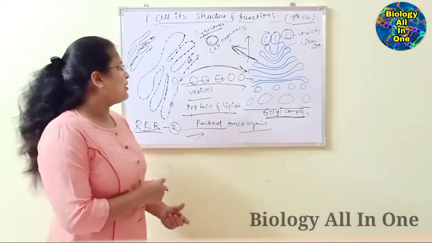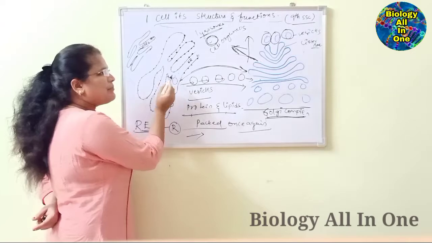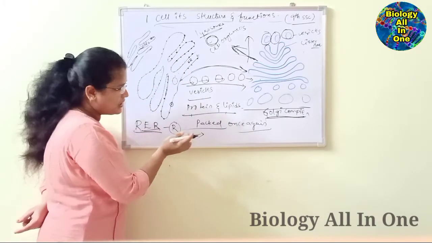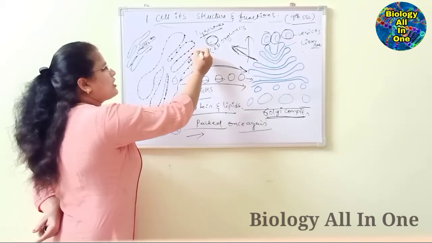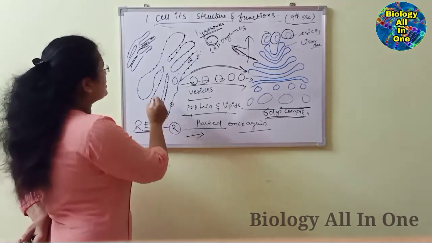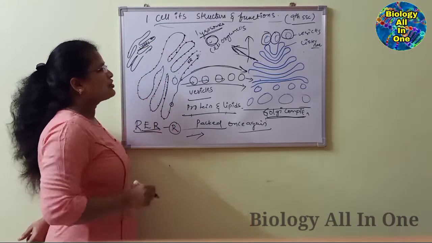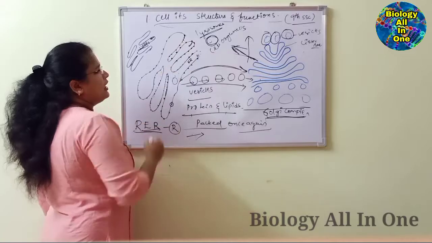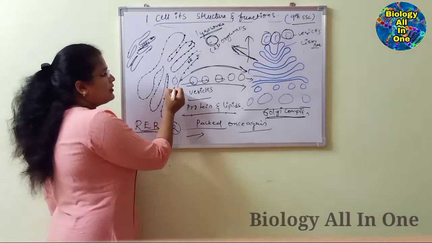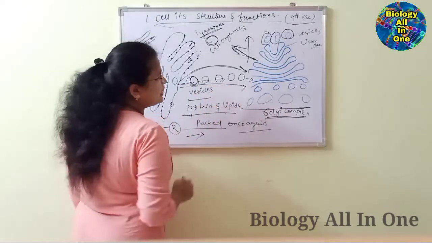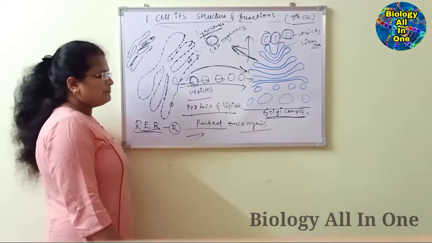Once again, I will tell you: the endoplasmic reticulum has smooth endoplasmic reticulum and rough endoplasmic reticulum. We have already discussed that rough endoplasmic reticulum synthesizes the proteins and smooth endoplasmic reticulum synthesizes the lipids. Whatever is transported to the endoplasmic reticulum is formed into vesicles and pushed towards the Golgi complex.